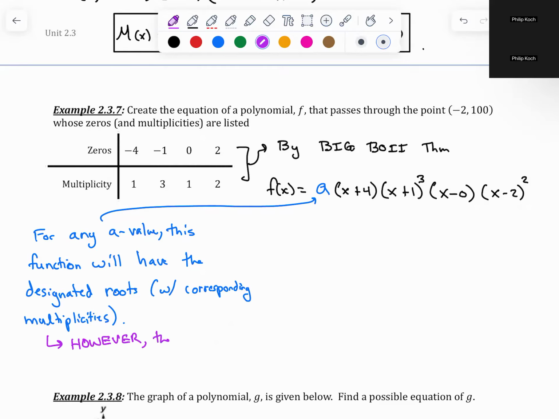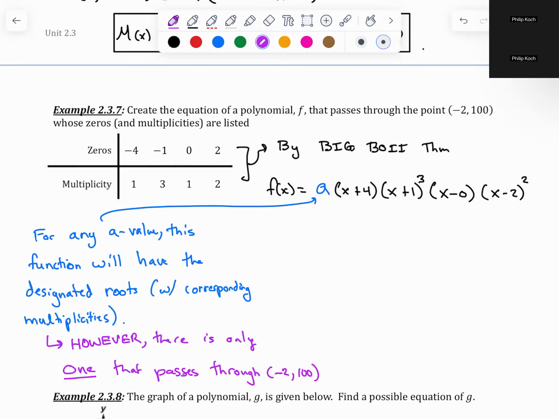there is only one that passes through -2, 100. There is only one of those polynomials. I could pull it up, but it would be hard for me to set it up. Maybe if we have time at the end, I could show you on Desmos.